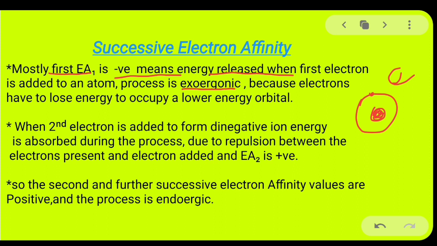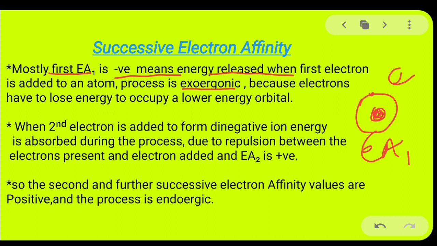So while adding, work is done, and during the work done, energy is released, and the amount of energy released is known as the electron affinity or EA1, because we are adding the first electron to the outermost shell, and the process is always exergonic. The energy released may be in the form of heat or any other form. When it is released in the form of heat, we call it an exothermic reaction or exothermic process.